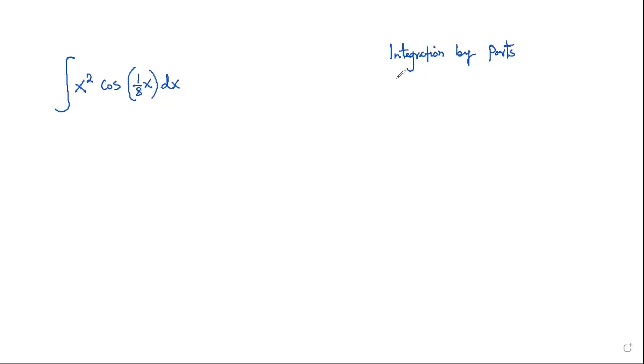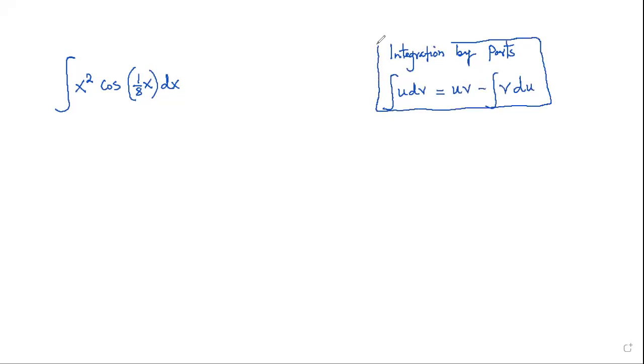In integration by parts, we have the integral of u dv is equal to u times v minus the integral of v du. So this is the formula that we need to use. In this case, we have to choose our u and dv.